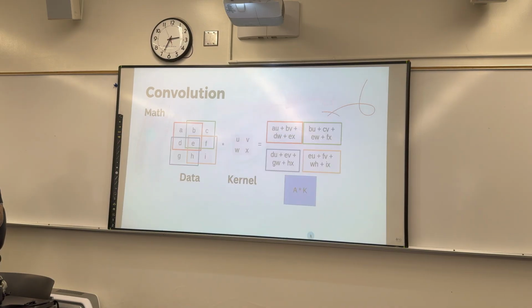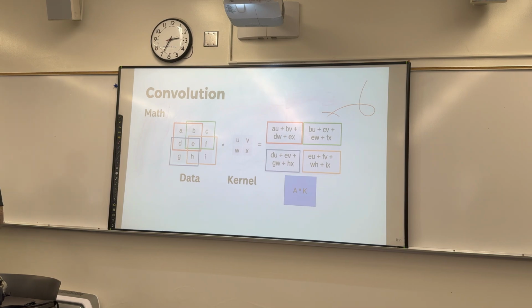Any questions regarding the math or anything here? Cool. Also, for you guys who will take linear algebra, a convolution in linear algebra that you will learn in school is different than the convolution that's used in here. Just a heads up.